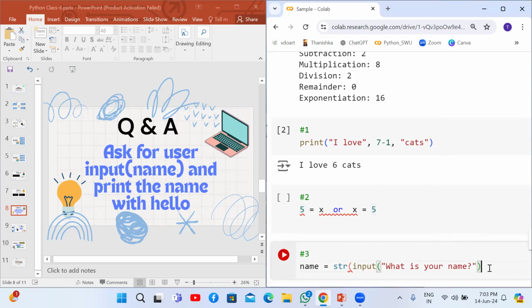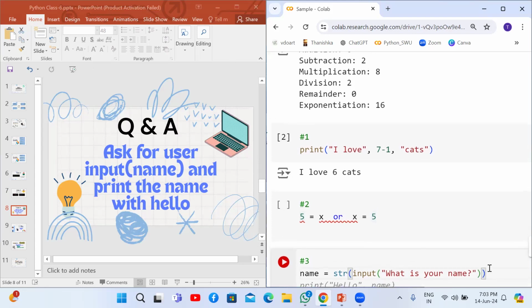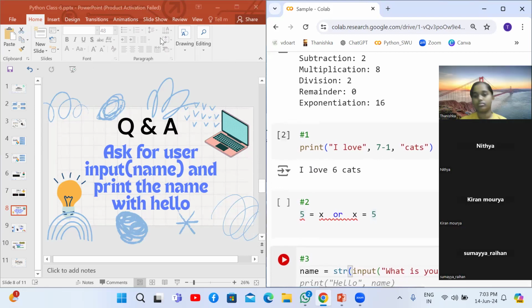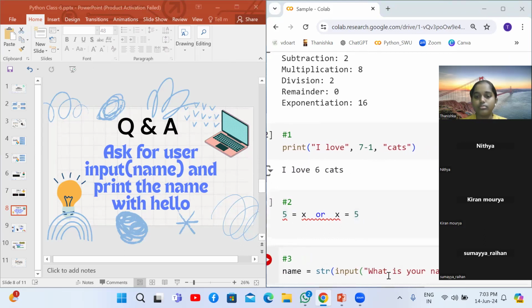Put one there, close bracket. I will explain. For input, we use that first close bracket, and for what is your name, we use the second bracket.